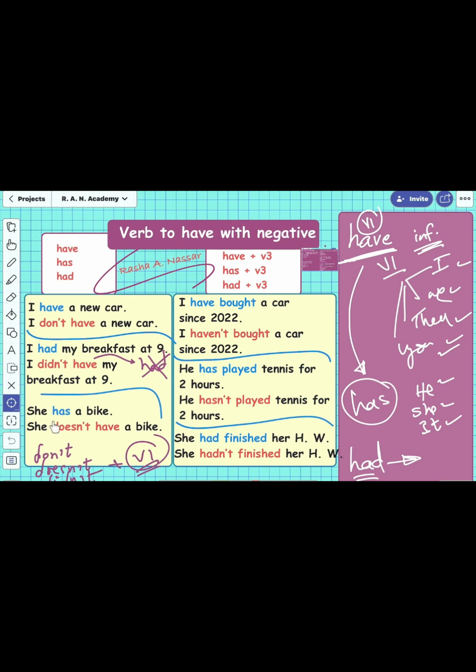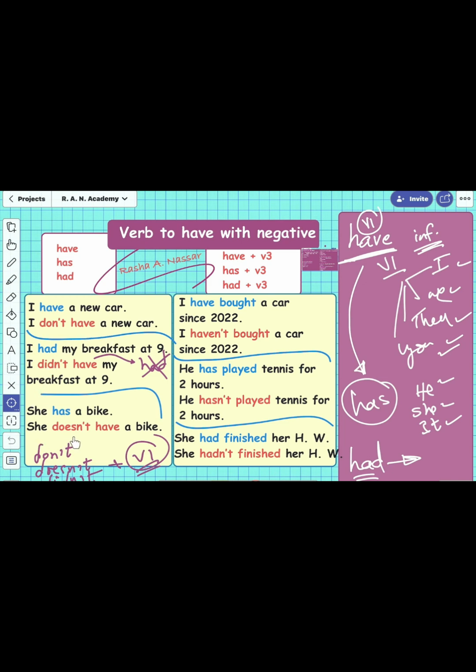Number 3, she has a bike. I want to change this sentence into negative. How can I change it into negative? I have to look at the verb. If I see have or had or has, all these forms are the verb to have. So if I see the verb to have as a main verb, it means it comes alone without any other verbs. So I will choose don't or didn't or doesn't.